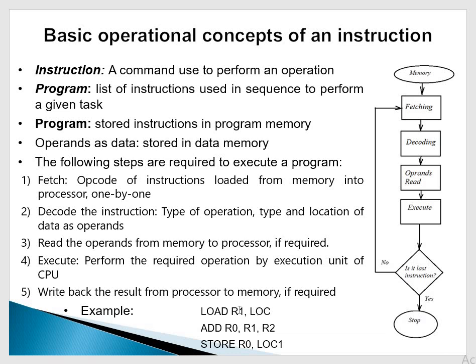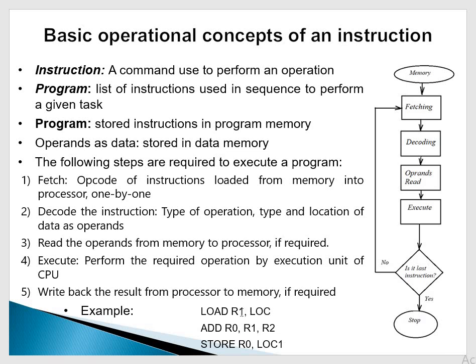Operand means the data or the address of the data or location of the data. Here in this particular instruction, the operands are in the form of R1, LOC, where R1 is the address of the destination, and LOC is the address of the location.